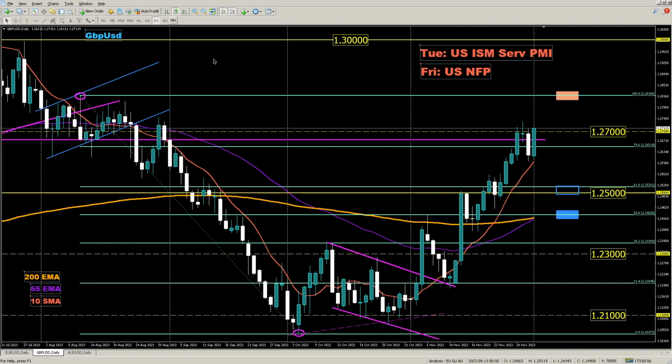So no UK news this week, it is just exposed to the US dollar news. And let's see if it's able to test the swing high. It was at 128, and then consolidate, or whether it's going to pull back if the US dollar does recover further. Then there could be a retest of the 125 zone here.